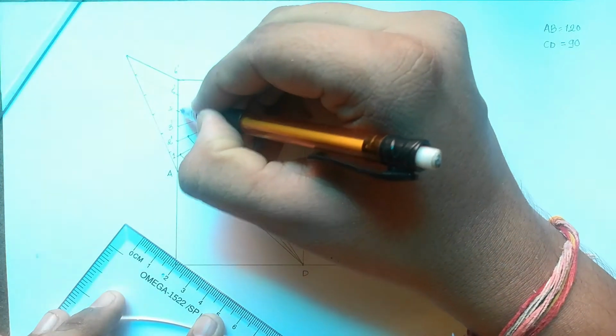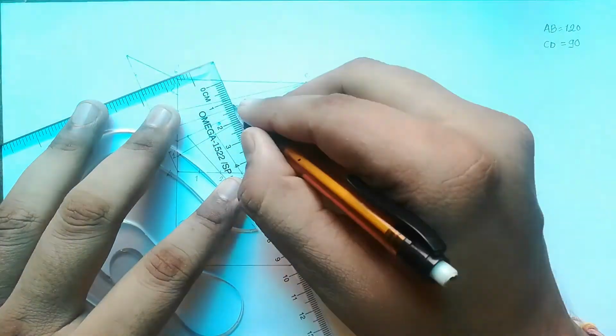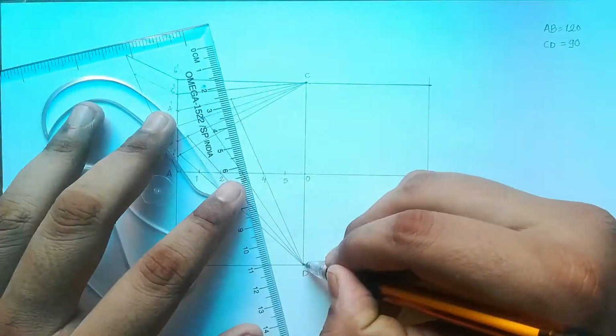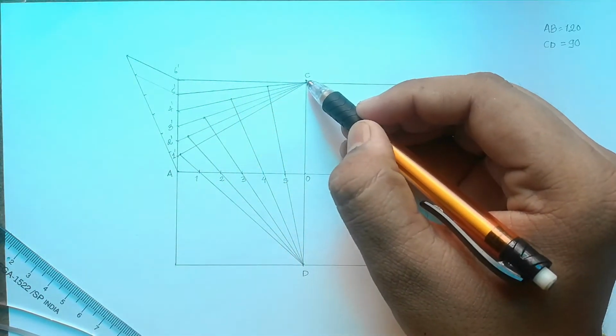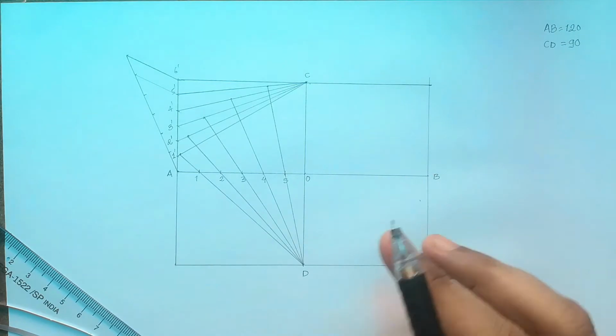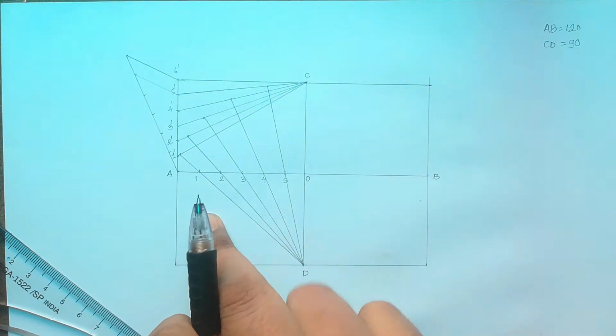I will repeat the same process for 5 dash and 4 dash. So all these intersection points are points available on the ellipse. Now we will be repeating the same process on the second rectangle, third rectangle and the fourth rectangle.